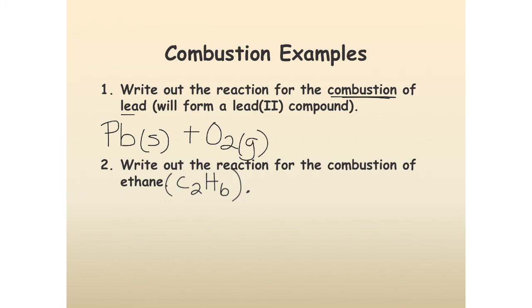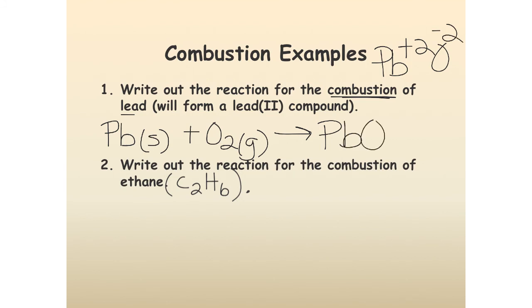So then, this was our last bullet on the previous slide. It produces an oxide of the thing that combusted. So lead combusted, so we make lead oxide. Now, they were specific because lead can make a +2 or a +4 charge. Since they said that, we know it's lead +2, and we know oxygen is -2, so it would be PbO.